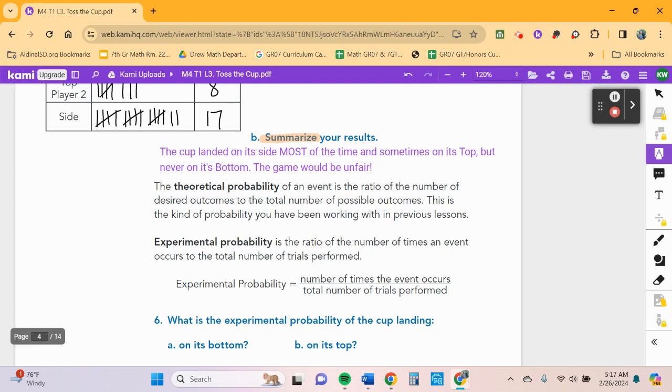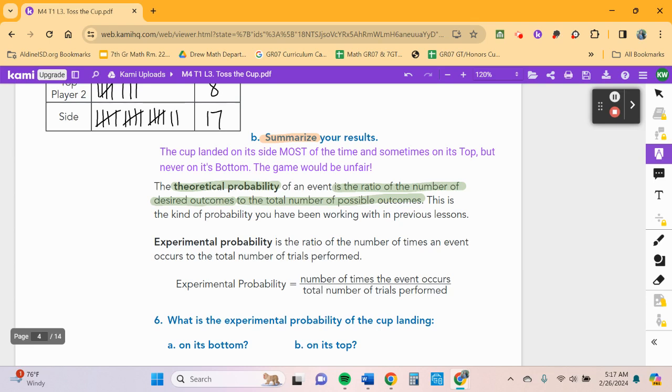The theoretical probability of an event is the ratio of the number of desired outcomes to the total number of possible outcomes. Theoretical probability is what we did in the last two lessons, determining what should happen. This is the kind of probability you've been working with in the previous lessons.